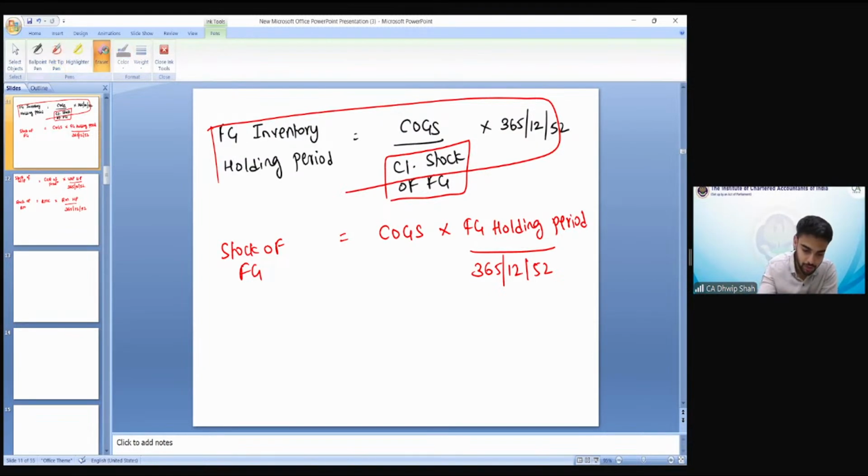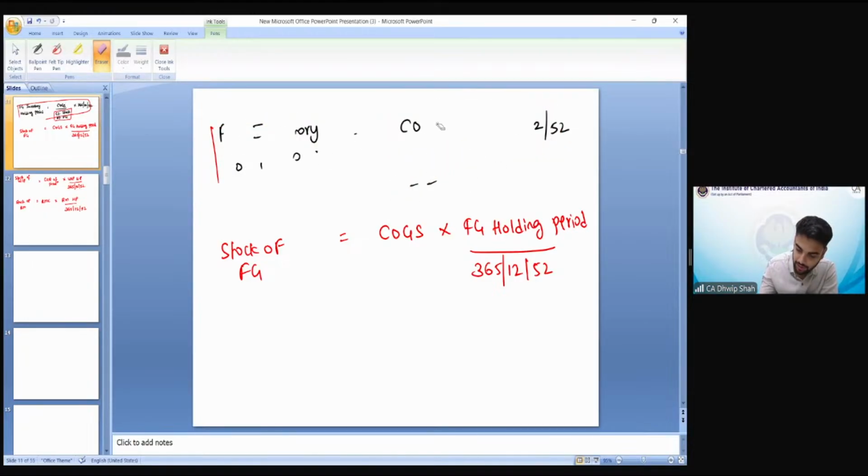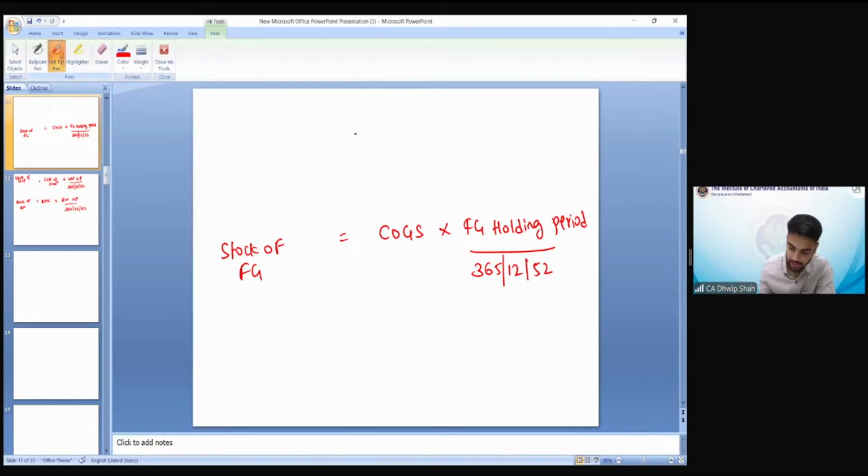Okay, the formula that you have learned in FM for FG holding period was something like this.